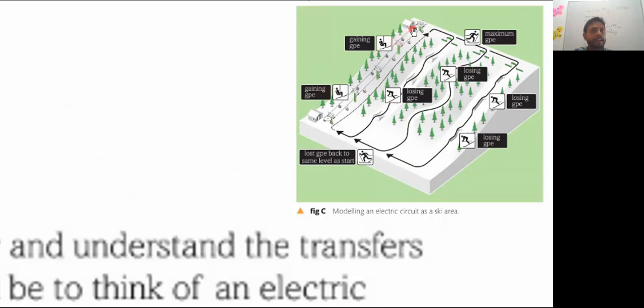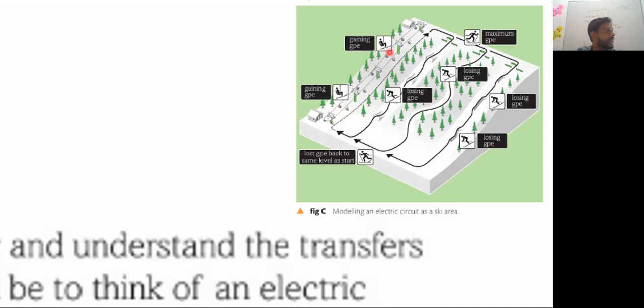After that point, they start skiing and use different paths to come down. But at the end, they all have the same gravitational potential energy. So you can understand the ski lift as a source of EMF because it supplies the gravitational potential energy. If you pay attention to gravitational potential energy and think of electrical energy in the electric circuit, you can take the similarity and try to understand what is happening in the electric circuit.